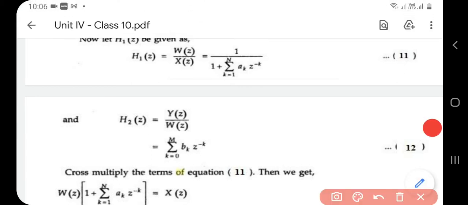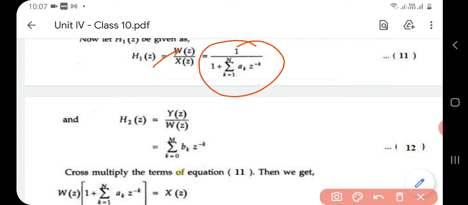Now what you can notice is that, just compare direct form 1 and direct form 2 structures, that is, compare what you have studied in class 9 with that of class 10. Here we are discussing direct form 2 realization, right? So this is the expression for H1(z) that we have now got in direct form 2 structures.